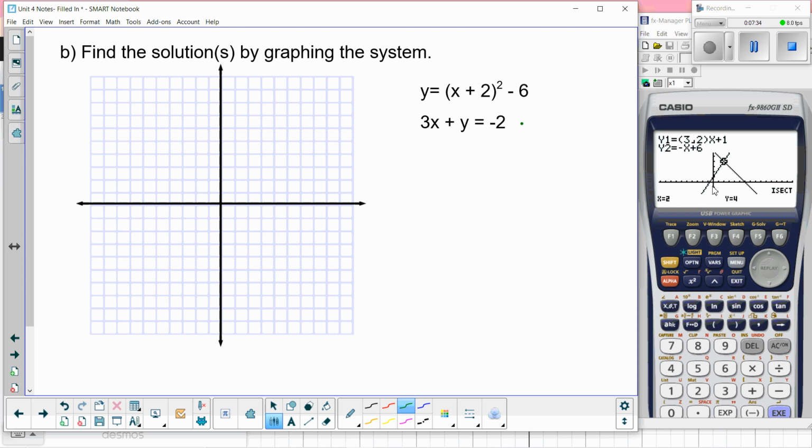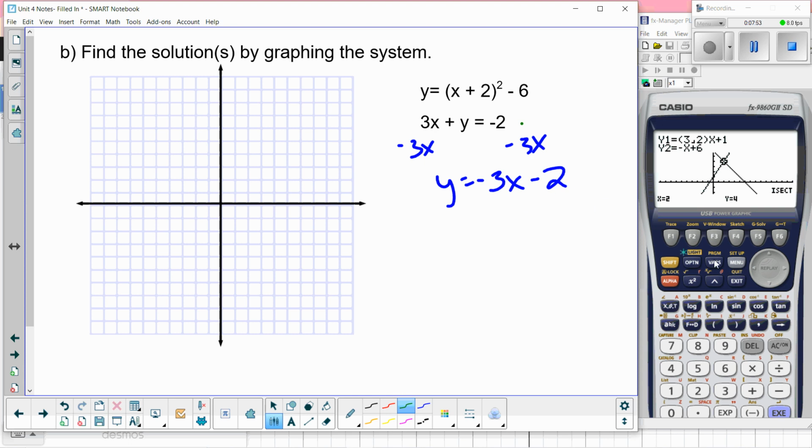So we have 2 options. One, we could solve for y. So then we get y equals negative 3x minus 2. Remember your term with the variable goes first.